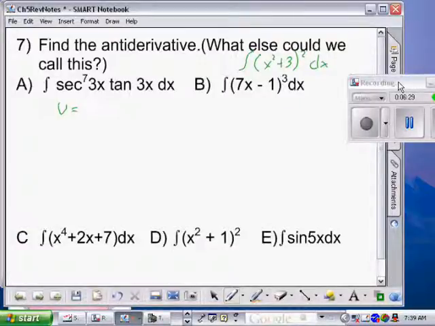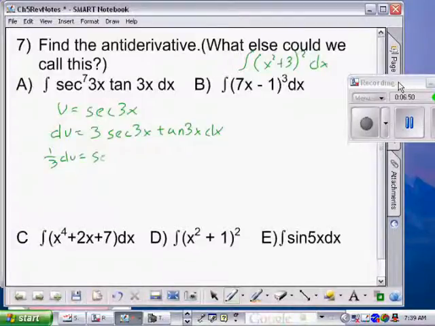This one is a borrowing one, because if I do u as the secant of 3x, the du, yes, is going to be 3 secant 3x tangent 3x. Right, when we rewrite it, I'll pull my 3 over, and it becomes u to the 6th instead of u to the 7th.